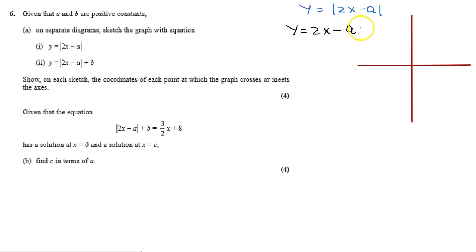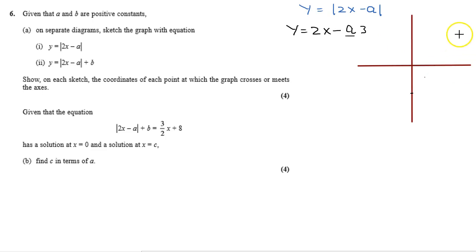Let's take any value. Let's take a as 3, so y is equal to 2x minus 3. If x is 0, y is equal to minus 3. If x is 1, y is equal to 2 minus 3, which is minus 1. If y is 0, x is 3 over 2.